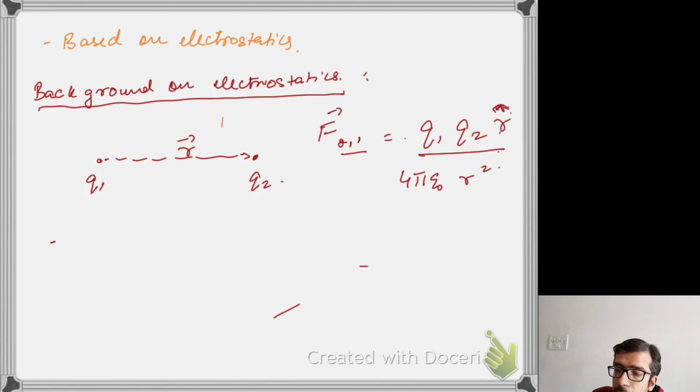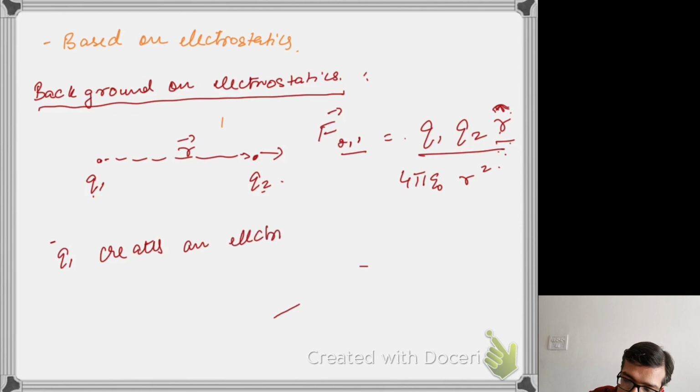So the direction is given by r cap, the direction pointing from point 1 to point 2. One way to interpret this is that q1 creates an electric field E, and q2 experiences this electric field.